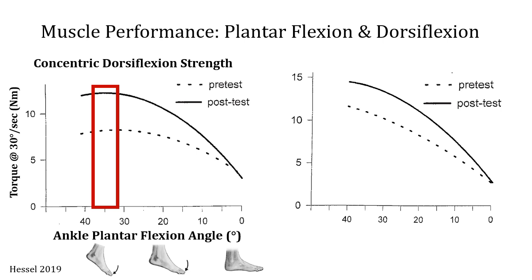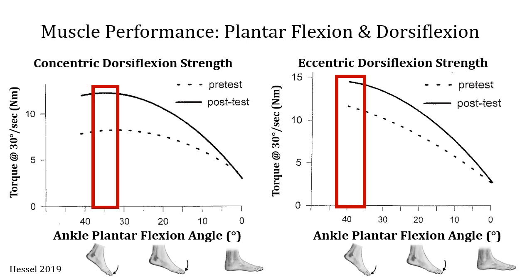And then that tapers as they get more active insufficiency, closer and closer to a neutral foot position. And then for your eccentric dorsiflexion strength, once again, you can see that regardless of whether we're talking concentric or eccentric strengthening assessment, the peak torque angle is relatively the same. And this is simply showing a pre-test and a post-test, pre and post intervention.